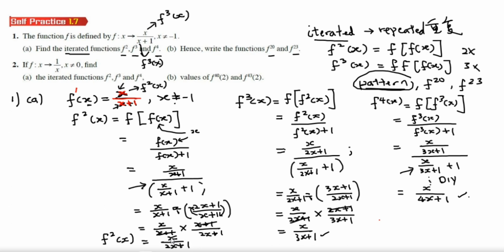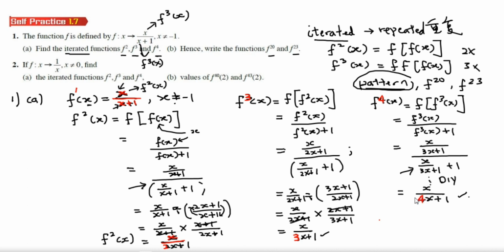For f2 this is x over 2x plus 1. For f3 the numerator still maintains the same as x, but in the denominator this number becomes 3. And then for f4, the numerator part is still the same, and this number becomes 4.